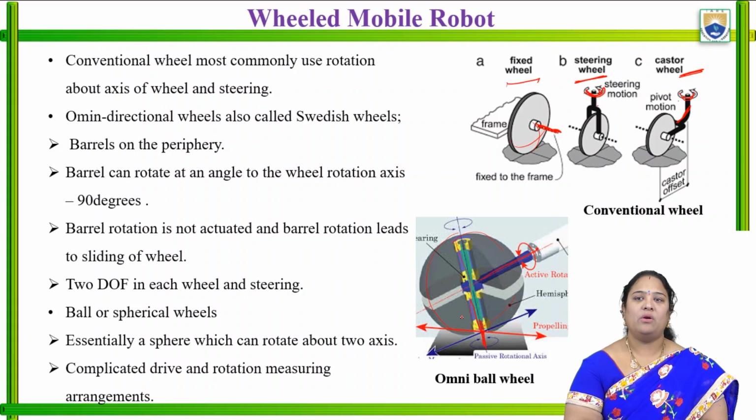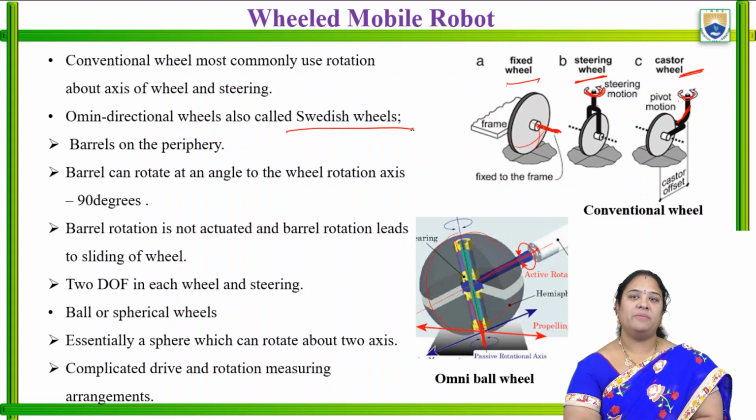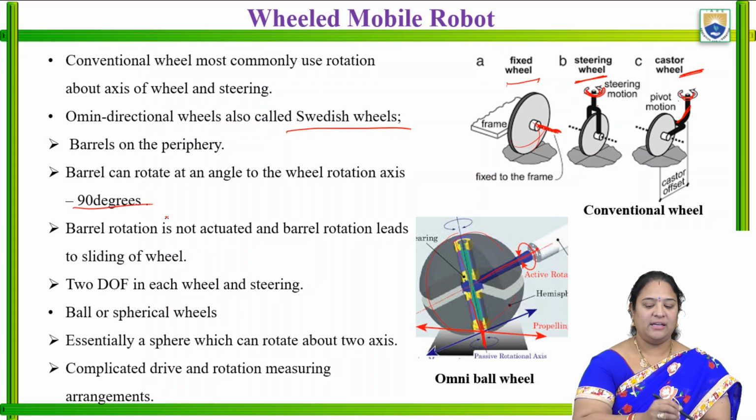Now when we come across this omniball type of the wheel, here this particular type of the wheel is called the Swedish wheel, right? This particular type of the wheel was named the Swedish wheel, where the barrels are on the periphery of the surface and it rotates at an axis of 90 degrees.